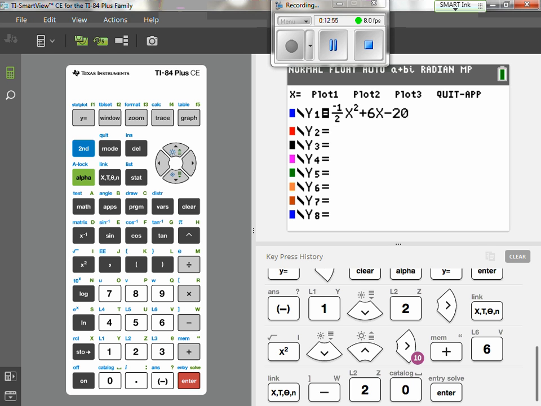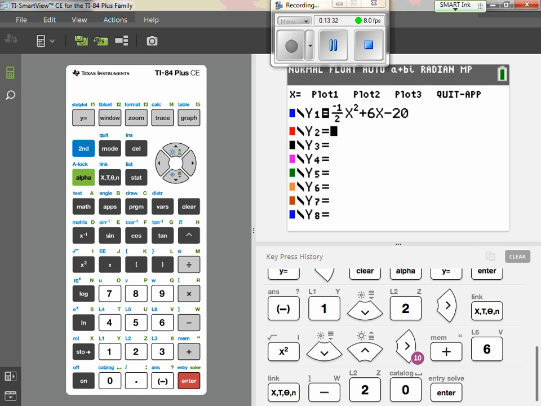Able to get it typed in, looks good. Anybody having issues getting it typed in?